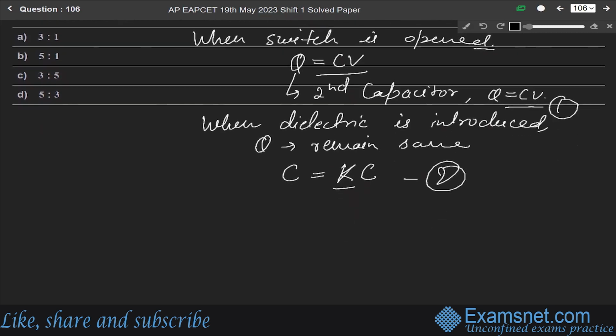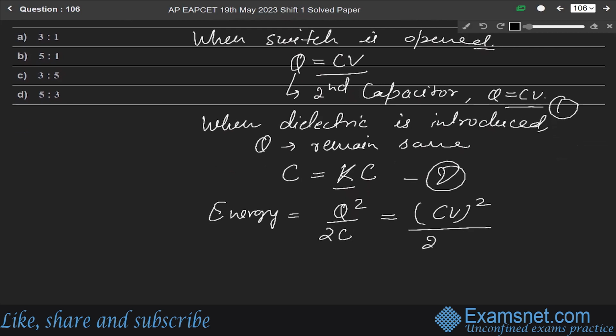Now the energy is equal to Q square over 2C. Since Q is equal to C into V, it will be C square V square over 2 into, in place of C, we write K into C, since we have introduced a dielectric.